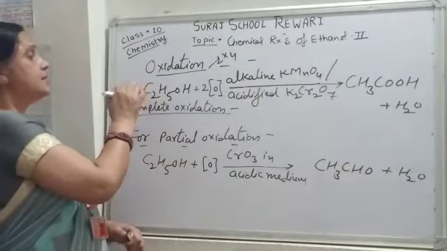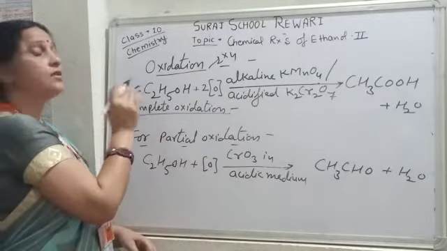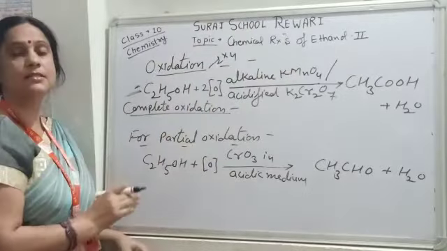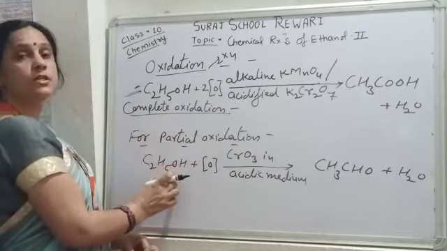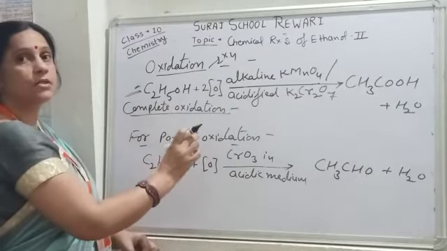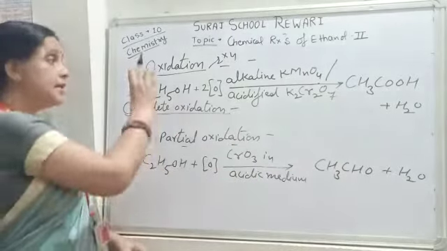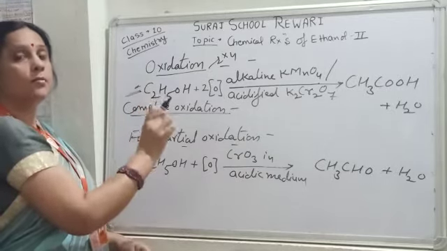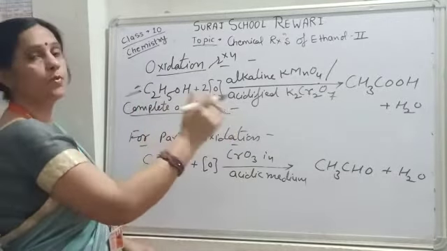So students, it is the complete oxidation of ethyl alcohol, in which ethyl alcohol is completely oxidized to give rise to ethanoic acid, acetic acid. And it is the partial oxidation of ethyl alcohol, in which ethyl alcohol is partially oxidized to give rise to acetaldehyde. In this reaction, the main point is that the number of carbons remains the same on both reactant and product side.